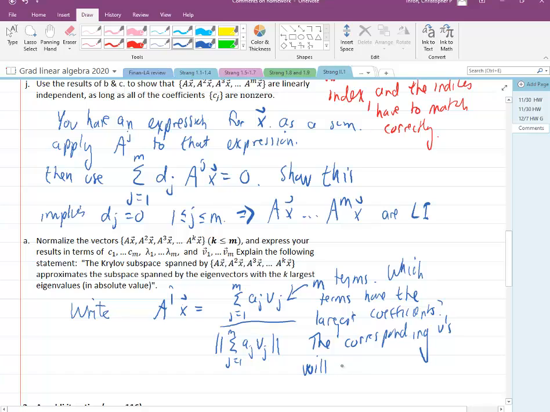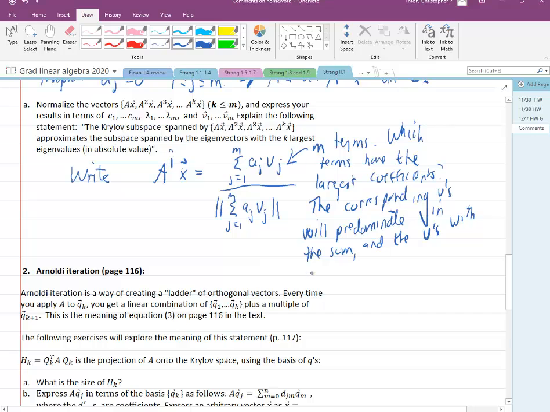Or I can say will dominate or predominate in the vector. Or I say in the sum. And the v's with small coefficients will make little contribution.